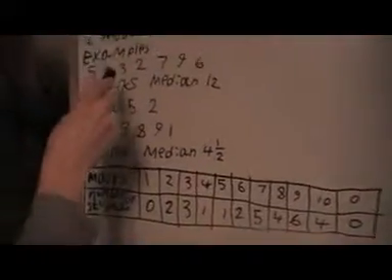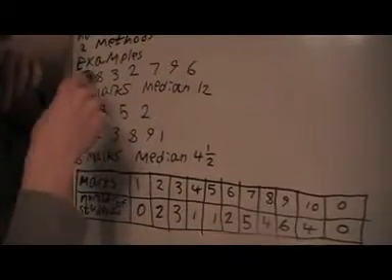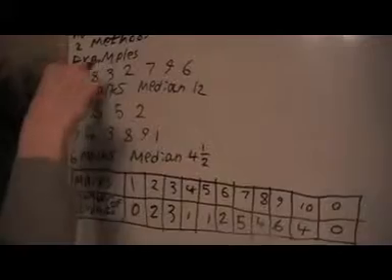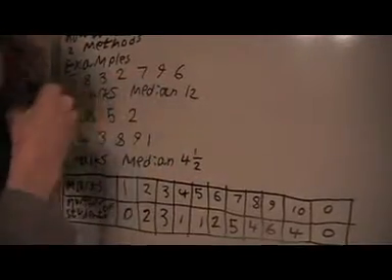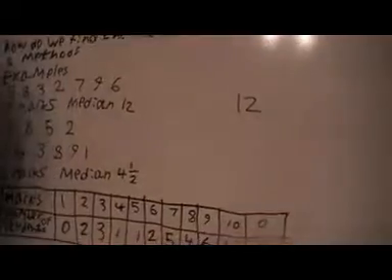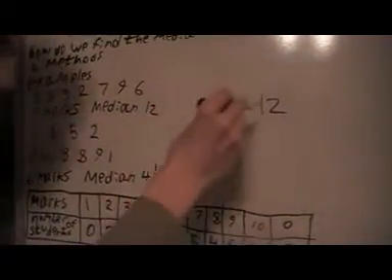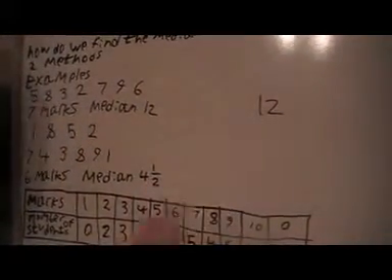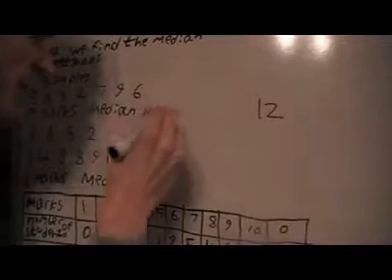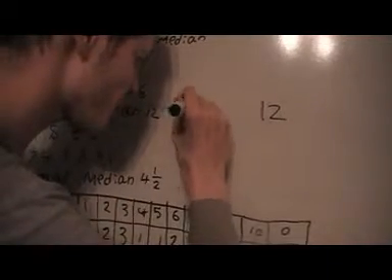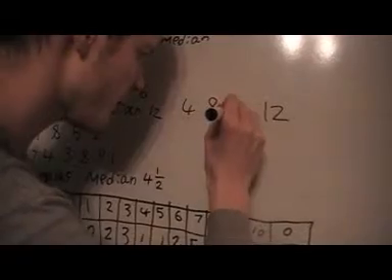Next one on, it's a problem to show an example where there are 7 marks and the median's 12. Now this isn't too hard, we just put 12 in the middle, because we want 12 to be the median. We'll pick any 3 numbers below it, so we can put something like 4, 8, 10.